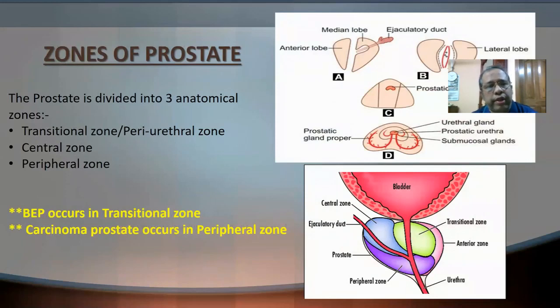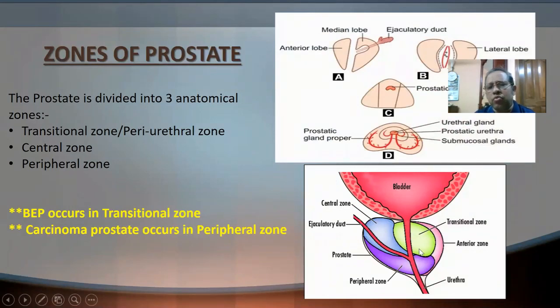The zones of prostate. The prostate is divided into 3 anatomical zones: the transitional zone or peri-urethral zone, the central zone, and the peripheral zone.